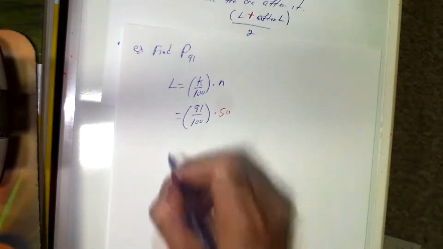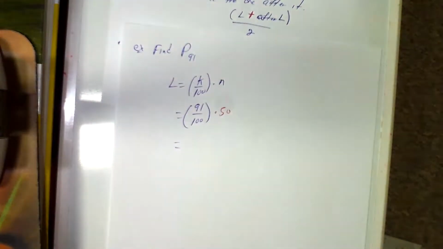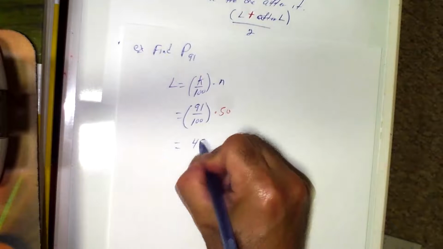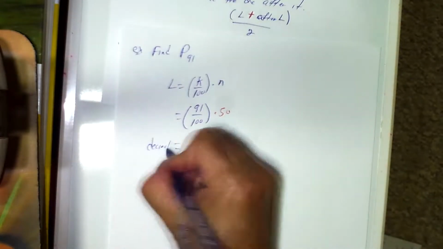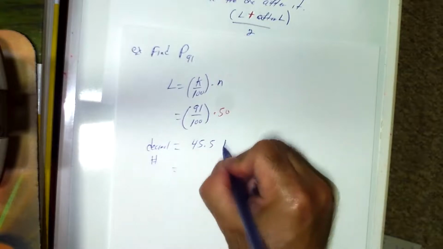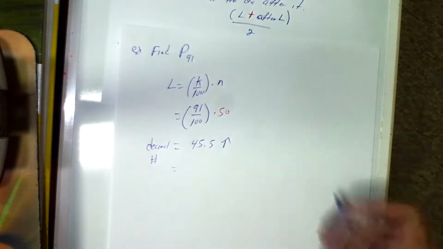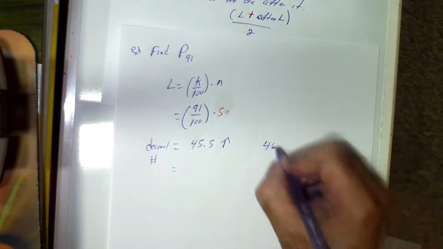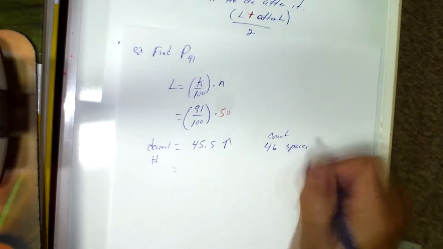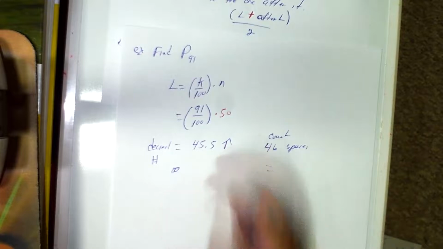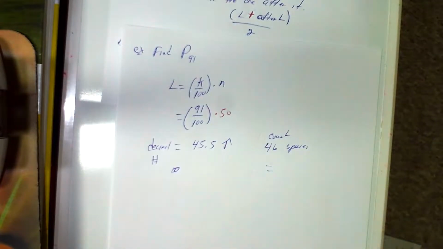Calculate it. I get 45.5. Again, it's a decimal number, so I have to bump it up, which equates to 46. I'm going to count 46 spaces. Where you land, that'll be your answer.